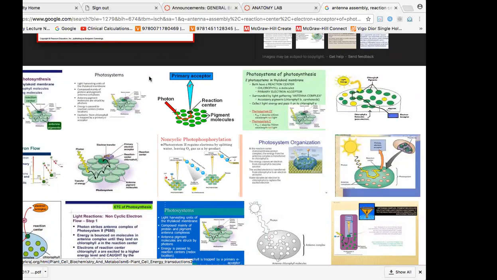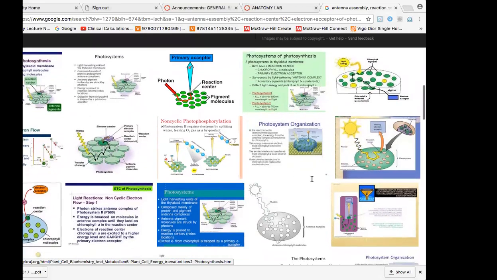Now, the electron transport chain of photosystem 2 also provides energy to drive what's called a proton pump. And this pump will move hydrogen ions from the stroma to the thylakoid membrane. At the same time, water is oxidized when chlorophyll A is energized.